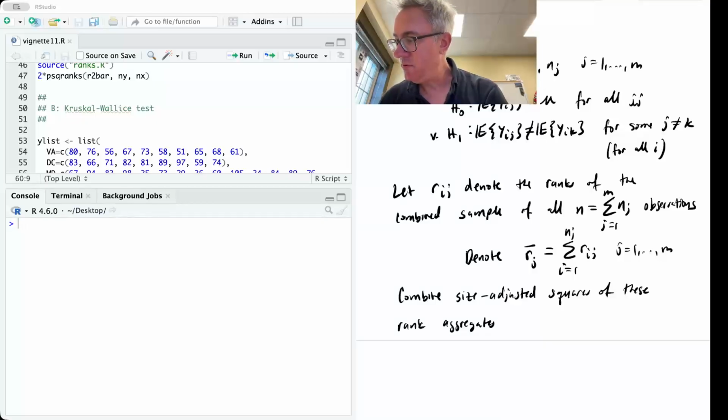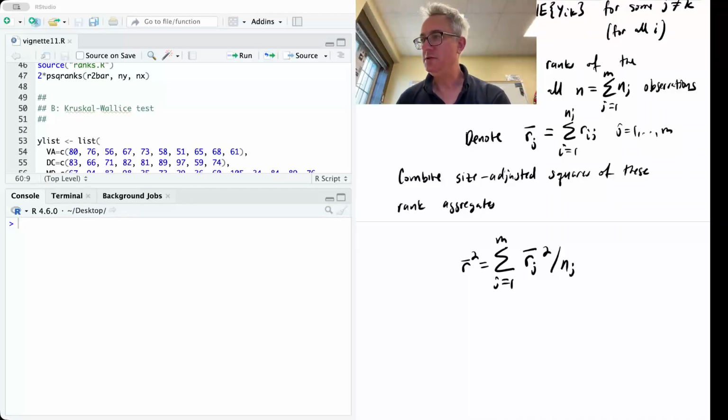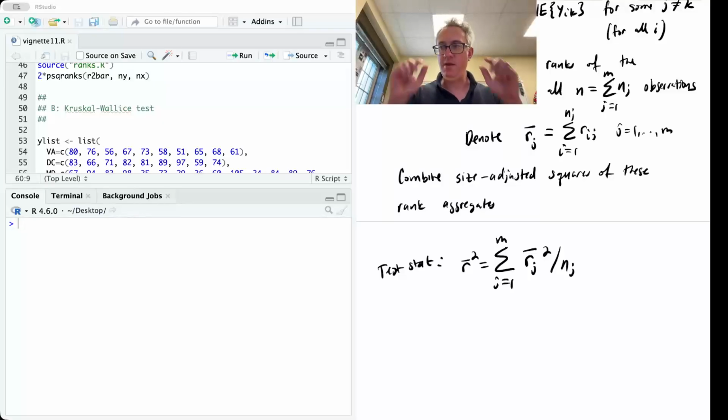So what I mean by that is take each of these Rj bars, square them, divide by how many there are in that group, and then add that up. Okay, so this is our test statistic.